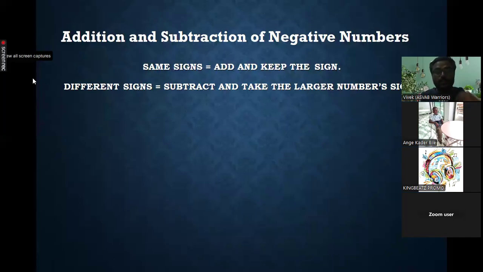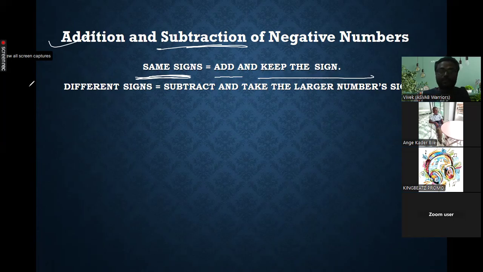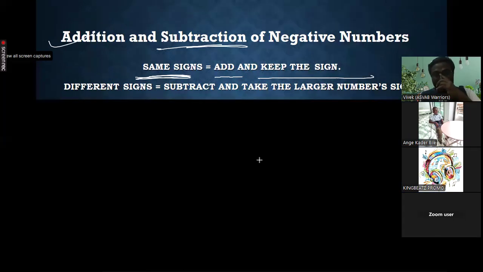So first thing, whenever we are adding or subtracting negative numbers, what you need to know is same sign. If two numbers are having the same sign, you add and keep the sign.